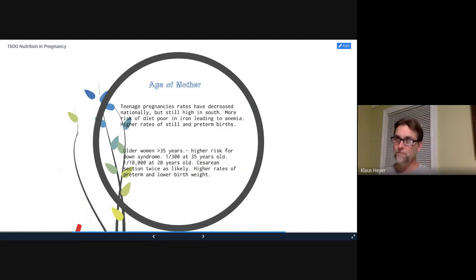Over 35, higher risk for, I'm giving you an example here, Down syndrome. At 35 years old, the incidence of Down syndrome was 1 in 300. At 20 years old, it's 1 in 10,000. So you see the big difference, right? That's an example. I'm not saying that someone 35 shouldn't have a baby. I'm just saying that there's risk factors at that age.